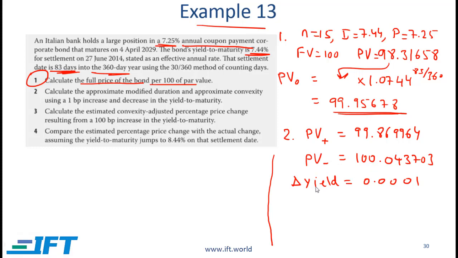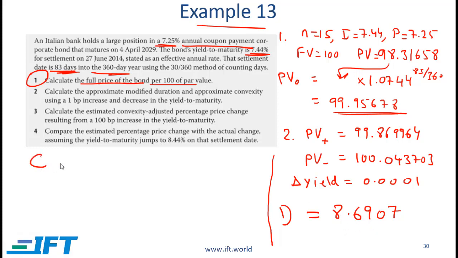The change in yield is 1 basis point, which corresponds to this number in decimal. With these four variables, you can plug into the duration formula, which is PV minus PV plus divided by 2 into yield into PV naught, and you should get a duration number of 8.6907.